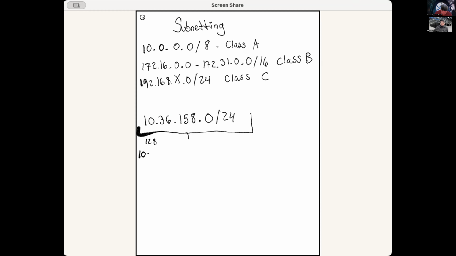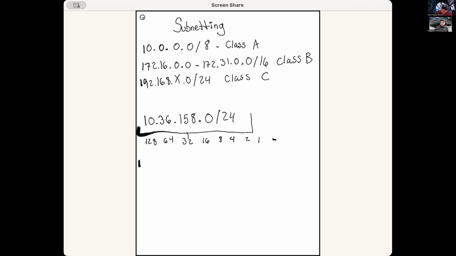We will have 128, 64, 32, 16, 8, 4, 2, 1. So this is your binaries here, okay? When something is 1, that means that bit is enabled. When something is 0, that means that bit is disabled.